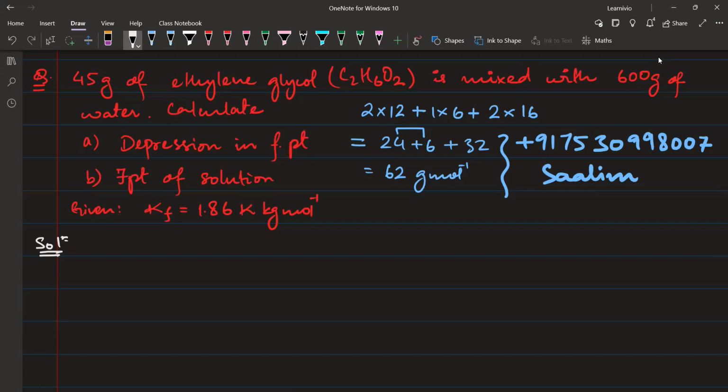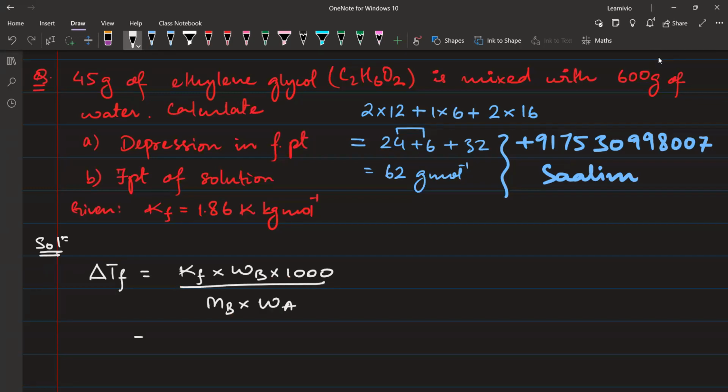So we'll calculate the delta TF, which is equal to KF into WB into 1000 divided by molar mass of the solute into WA.